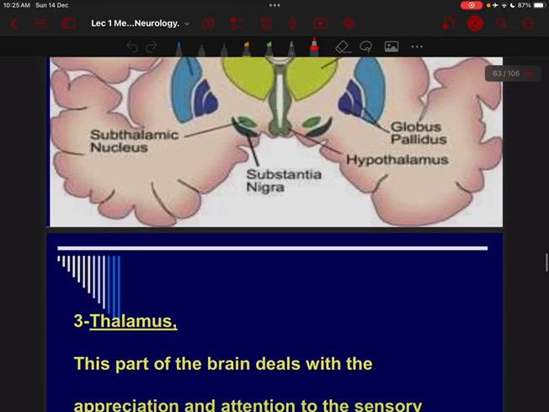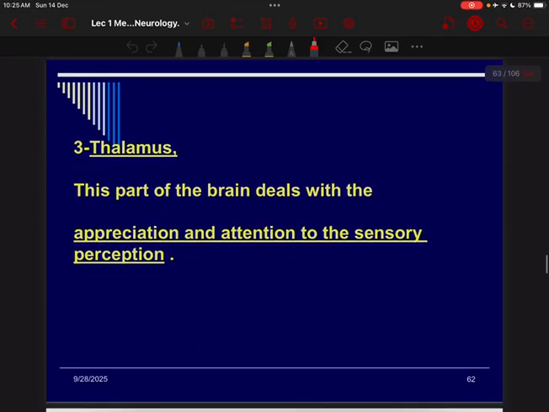بقينا شيء آخر أيضا part of the central nervous system is the thalamus. والthalamus هو part of the central nervous system to deal with the appreciation and attention of the sensory perception. هي الثالاموس.